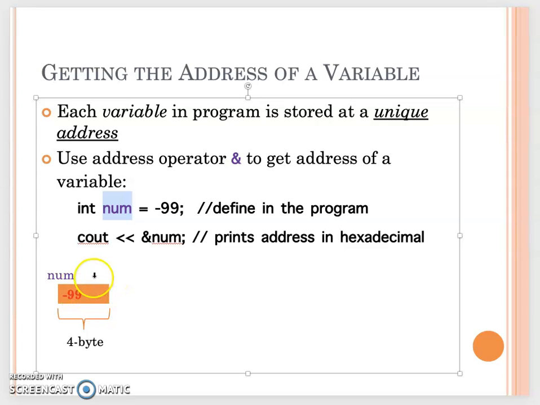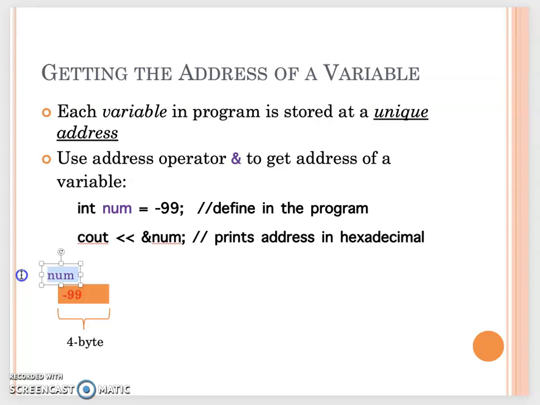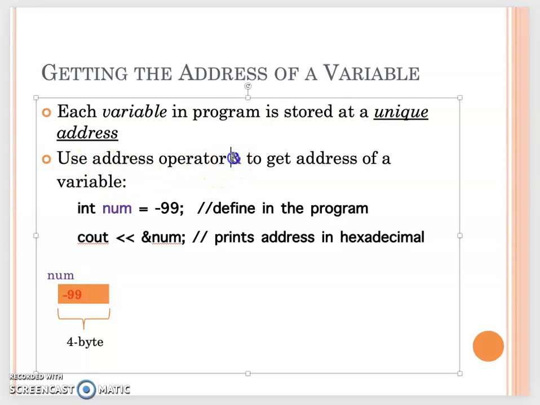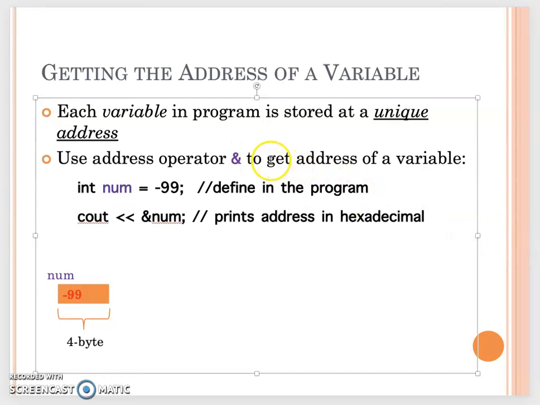Now, if I want to know exactly where this address is in the memory location, remember before, we have the address operator, the ampersand. If you add the ampersand before the variable, you're using it to get the address of the variable.